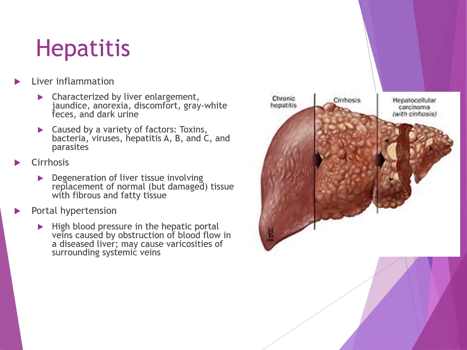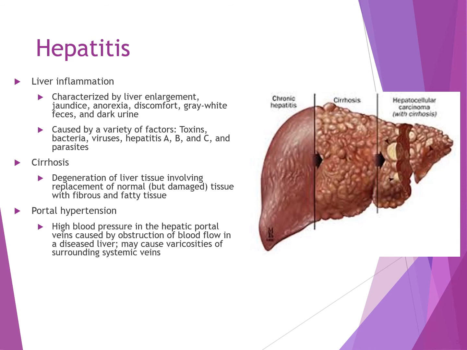Hepatitis means inflammation of the liver, and it is often characterized by jaundice, liver enlargement, anorexia, changes in the color of stool, and darkened urine. And remember, the liver is also responsible for removing that yellowish brown pigment from the hemoglobin in broken down red blood cells.